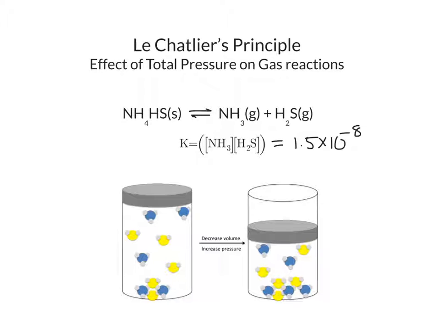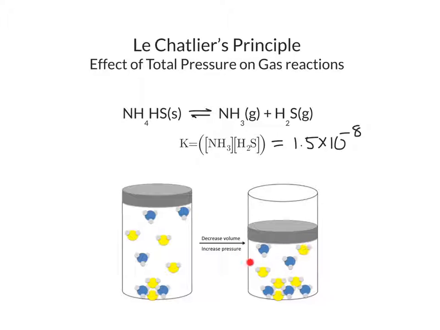Now what happens if I decrease the volume of this vessel? So I push this little piston down and I decrease the volume in which these gas particles can exist. When I do that, I increase the pressure in this vessel. So if I stay at the same temperature, decreasing the volume of a gas increases its pressure.